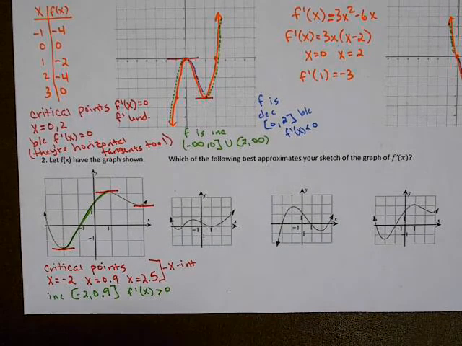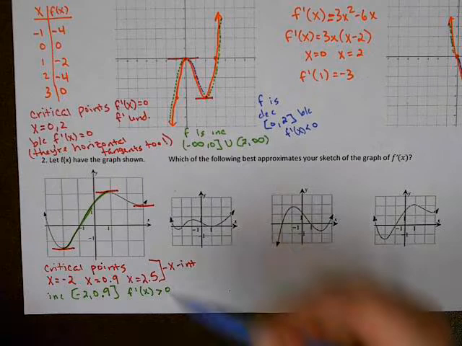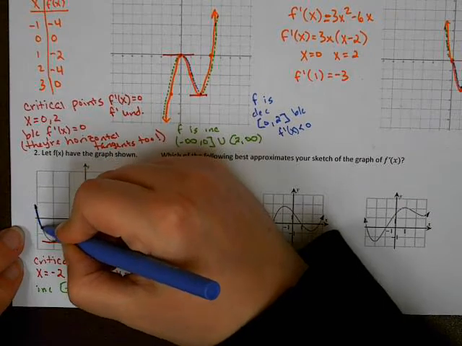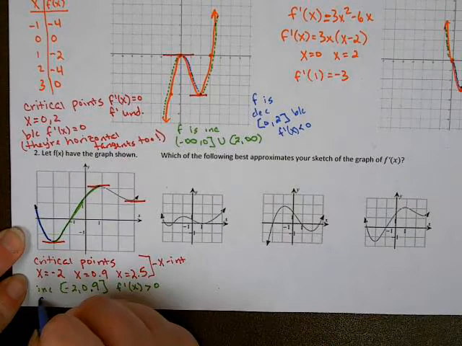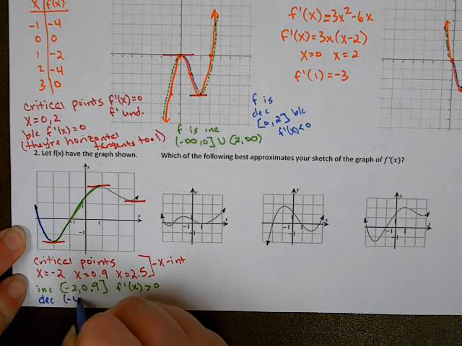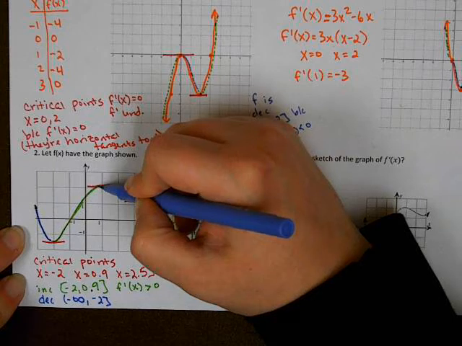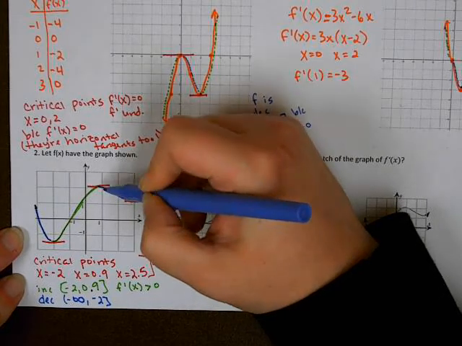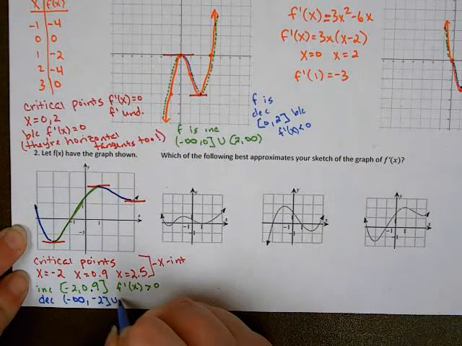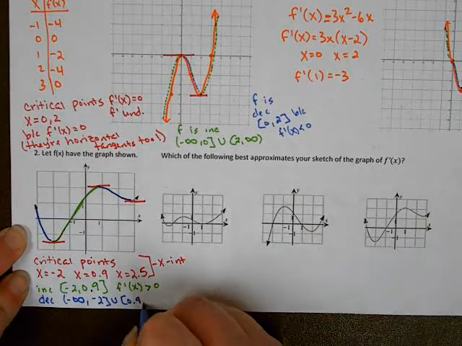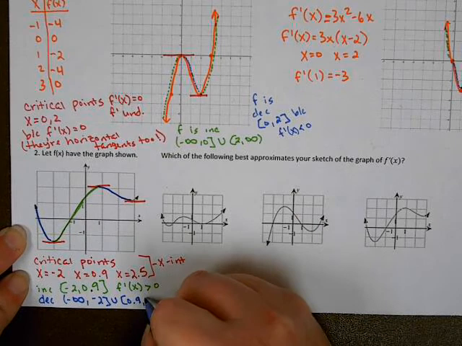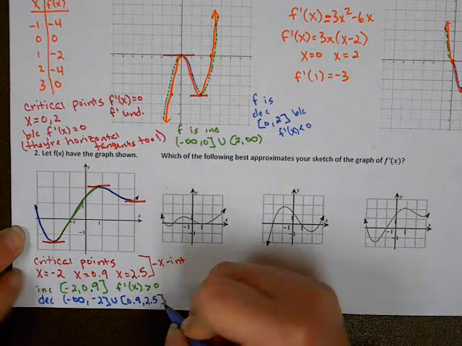Okay. Then if we look at where f is decreasing, it's decreasing from negative infinity to negative 2. And then it's decreasing again from that 0.9 to like 2.5.